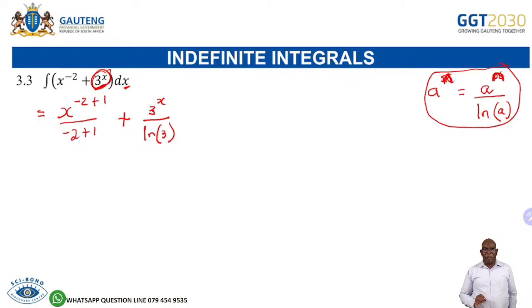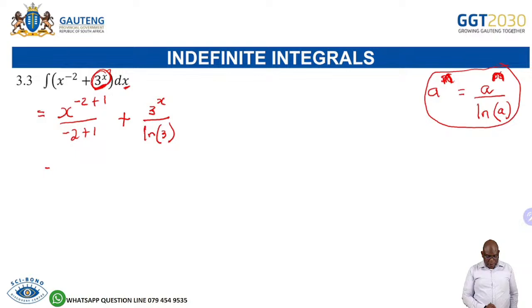You'll see when we're dealing with definite integrals, that you go to the calculator, you substitute it correctly, and you're going to have correct answers. Right. So now when you have the upper and the lower number.